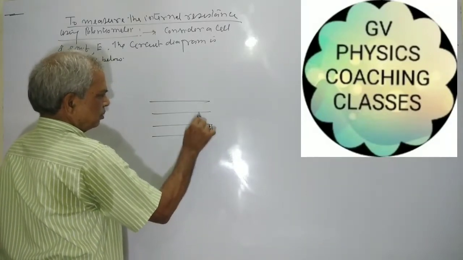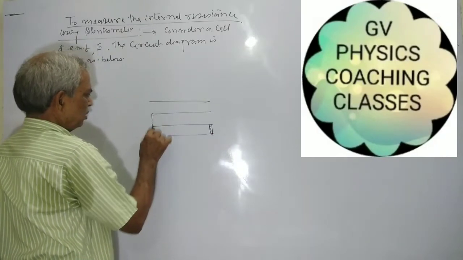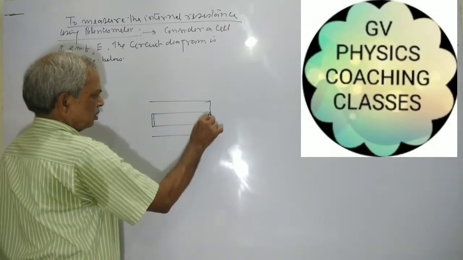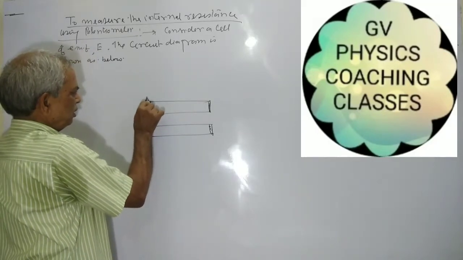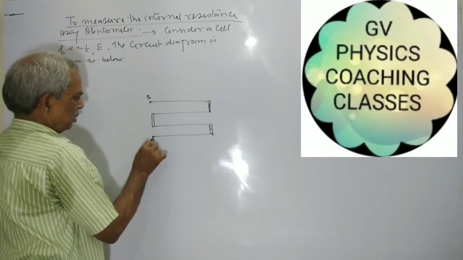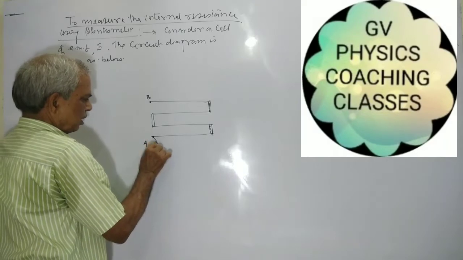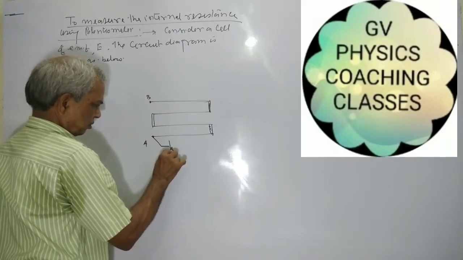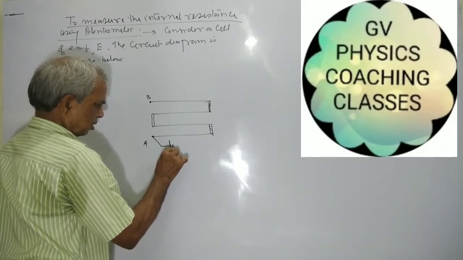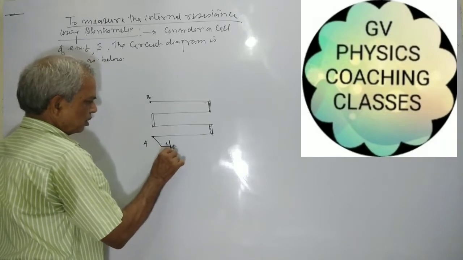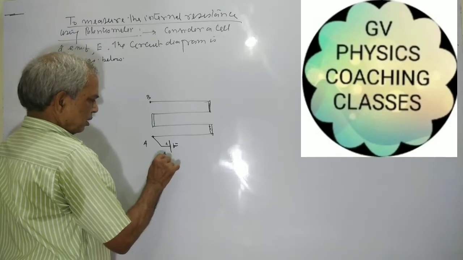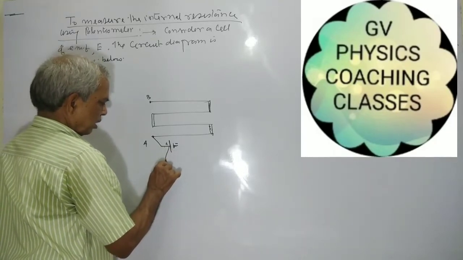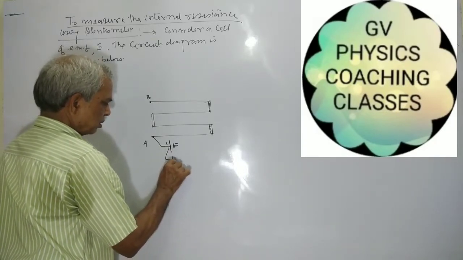This is the copper strip. This is also copper strip. This is copper strip. This is point B. This is point A. Here is the cell whose positive terminal is connected to point A, and there is a resistance box.